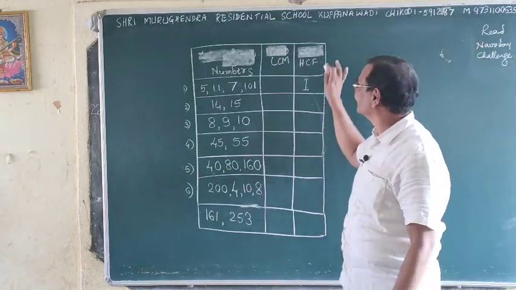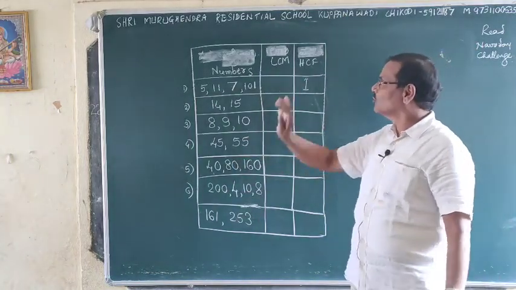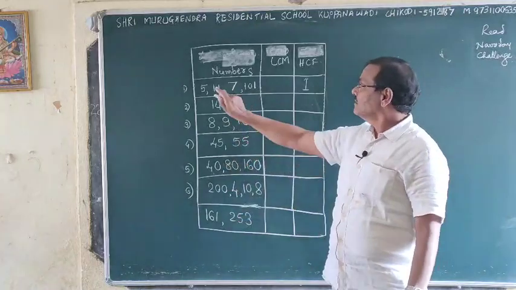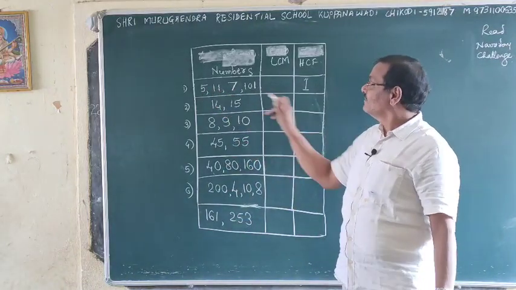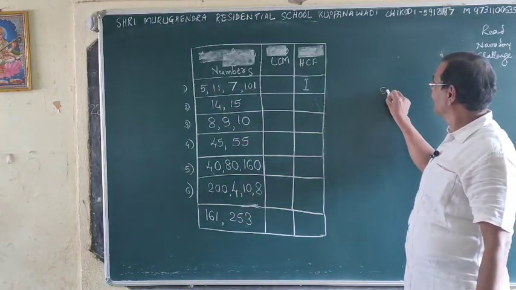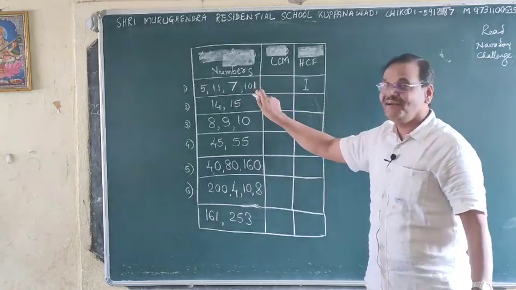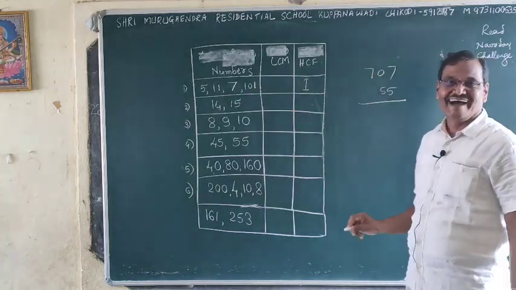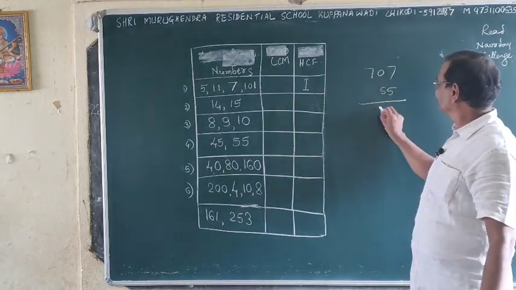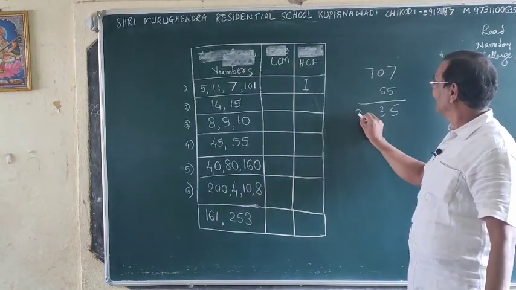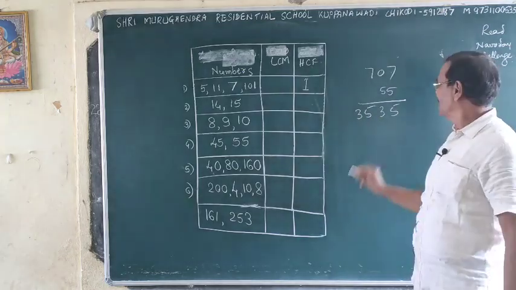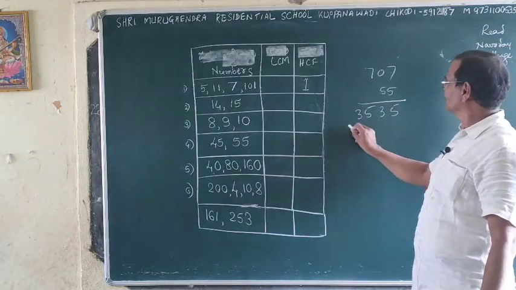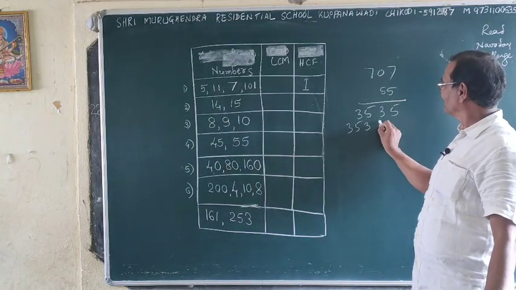I finished the HCF. Now I am going to do this: 5 11s are 55, then 7 101s are 707. 5 7s are 35, and again 35, the same number, it is 3535.